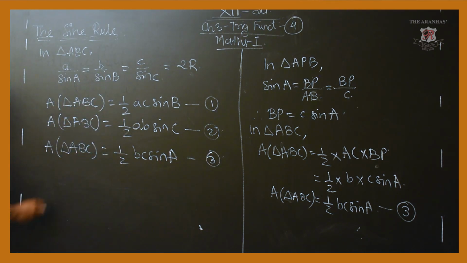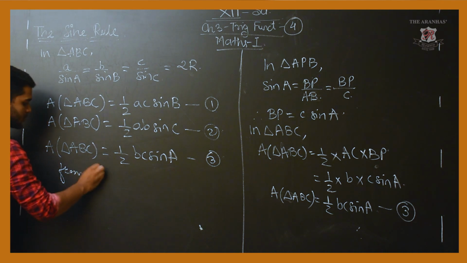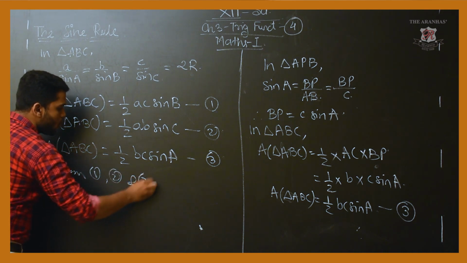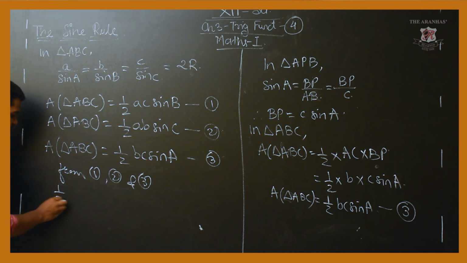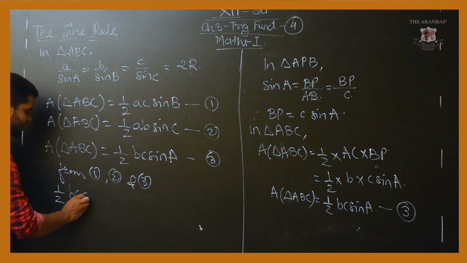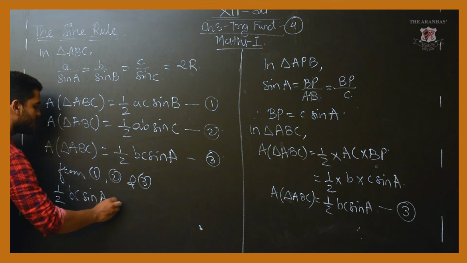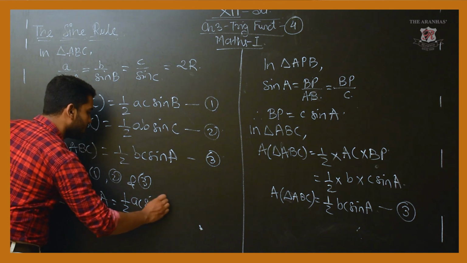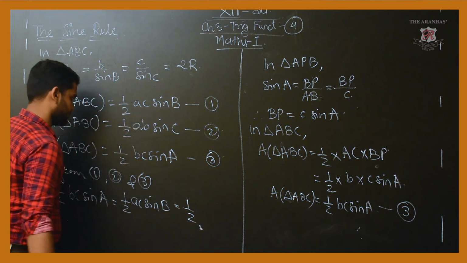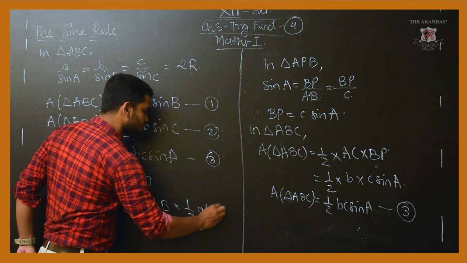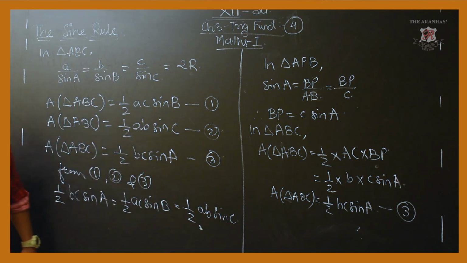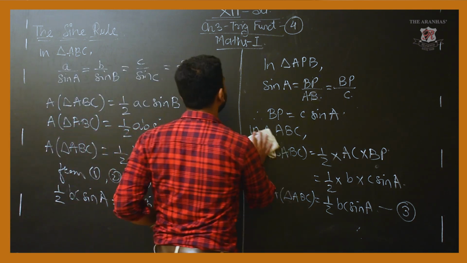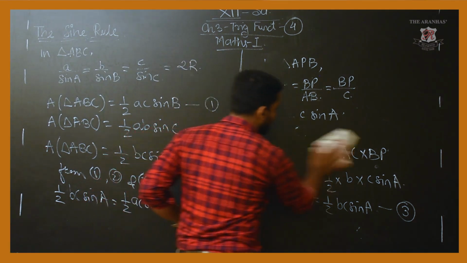So from 1, 2 and 3, what do I get to know? Half bc sine A equal to half ac sine B equal to half ab sine C. Now once we get this equation, we throughout divide by half abc.